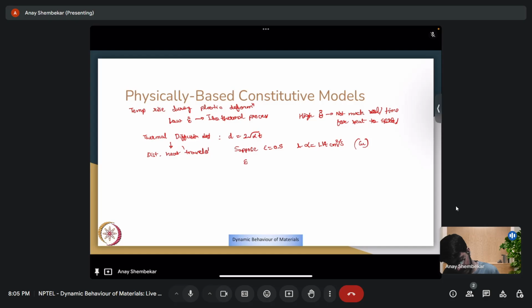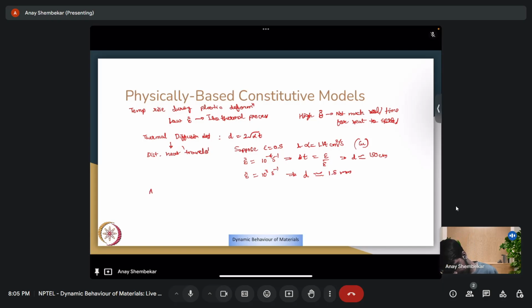Then at epsilon dot equal to 10 to the power minus 4 second inverse, we have t equal to epsilon by epsilon dot, which means D is roughly 150 centimeter. So very large area for this to spread. But if epsilon dot is equal to 10 cube second inverse, your D shrinks down to 1.5 mm.